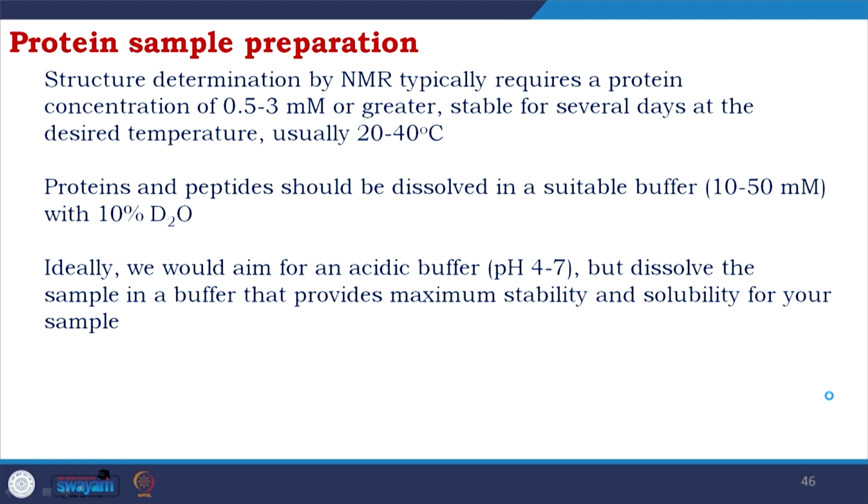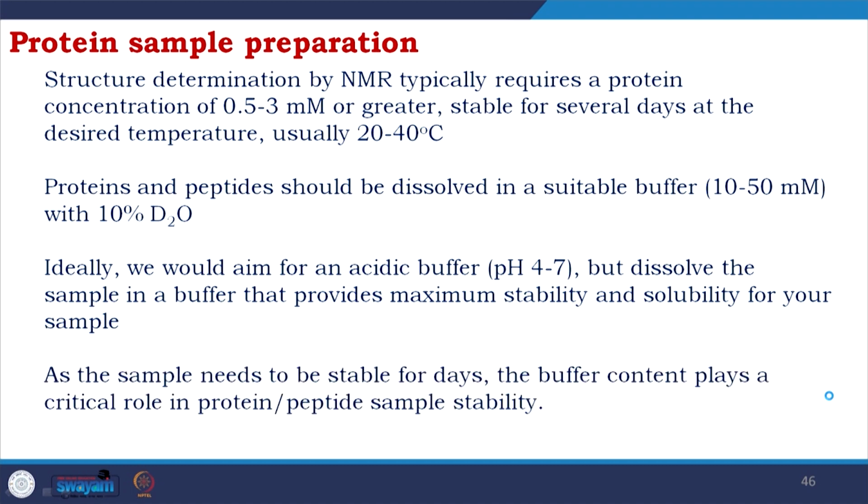Ideally, we would aim for an acidic buffer pH 4 to 7, but dissolve the sample in a buffer that provides maximum stability and solubility of the sample. As the sample needs to be stable for days, the buffer content plays a critical role in protein peptide sample stability. So, in NMR, which is not very much needed in crystallography, you should do a buffer optimization.